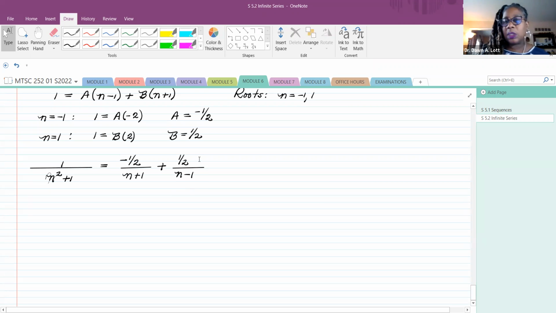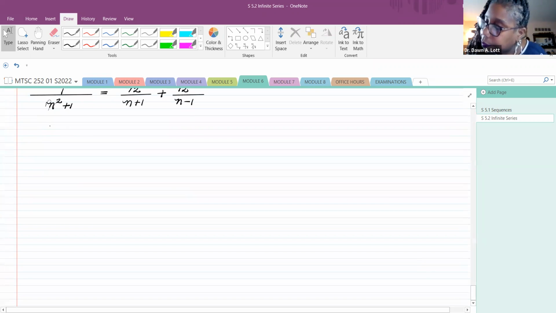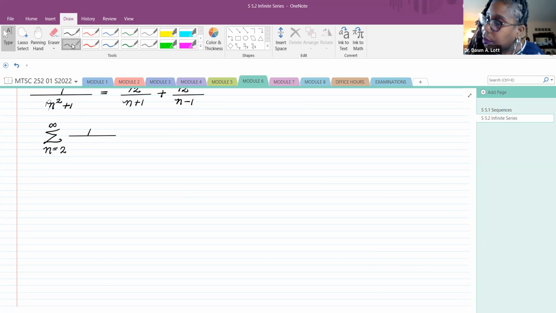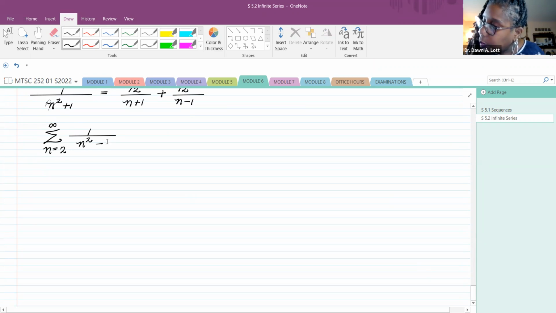All righty, so now what does that do for us? Well, that now says that our sum, n equals 2 to infinity of 1 over n squared minus 1, is just equal to the sum n equals 2 to infinity. I have a 1/2, actually I have a -1/2. So let's pull that out.